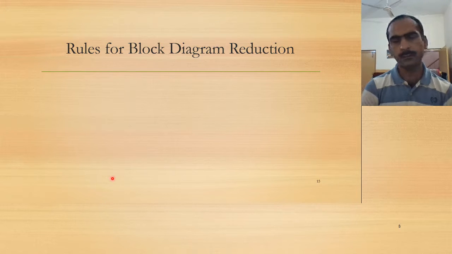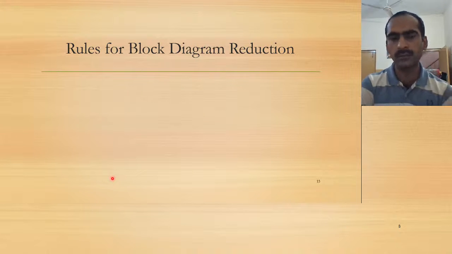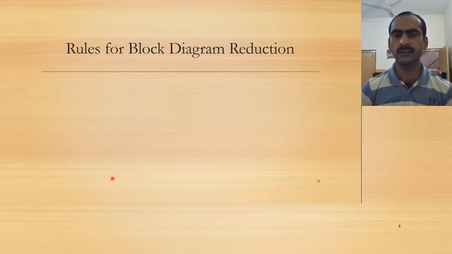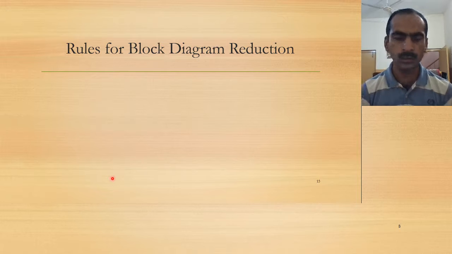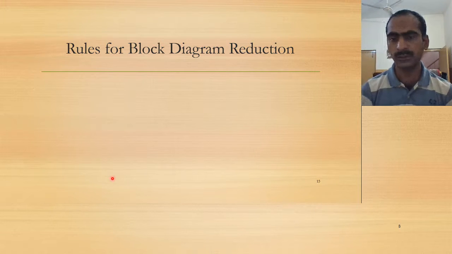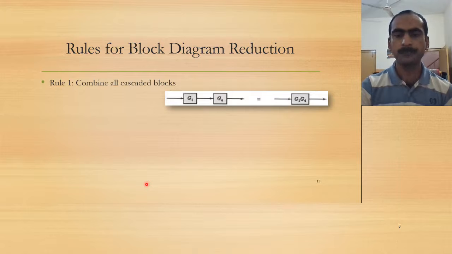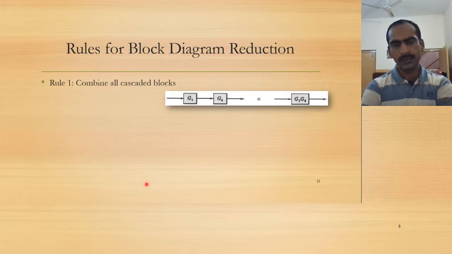The next topic, or the main topic of our lecture, is the rules of block diagram reduction. We have a system that has many sub-blocks, and we want to merge all of them into a single block with the input-output relationship given in the form of a transfer function. And there are some rules. There are 8 rules.